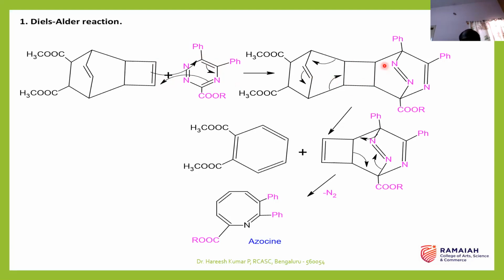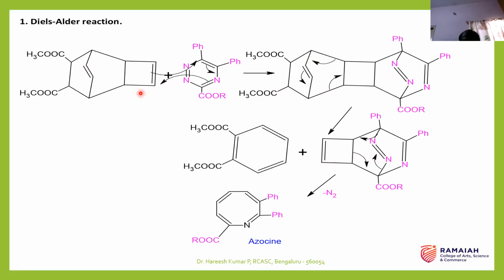So a 4+2 cycloaddition product is obtained. Afterwards, this bond pair is coming over here, and this bond pair is moving over here. So there will be a formation of a substituted benzene, and also a bicyclic compound.